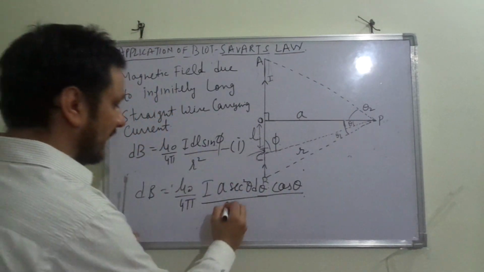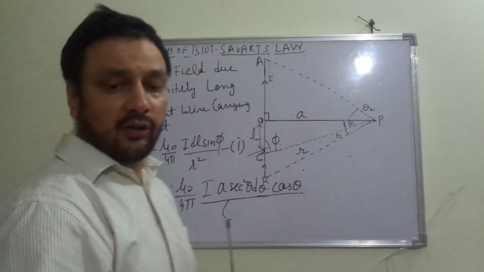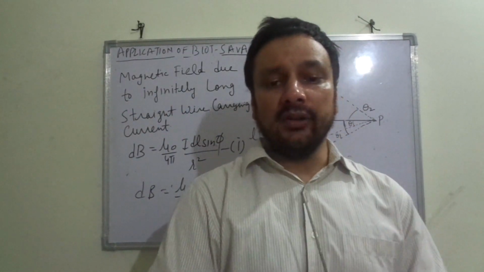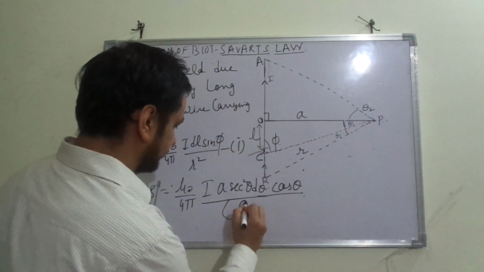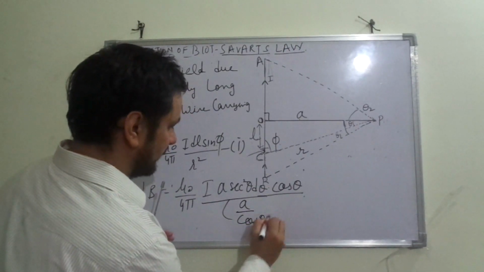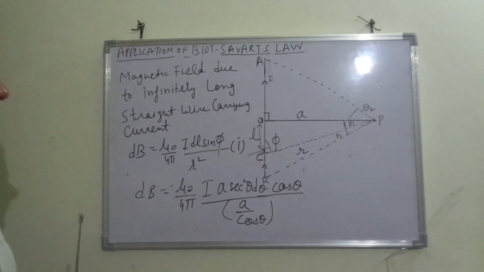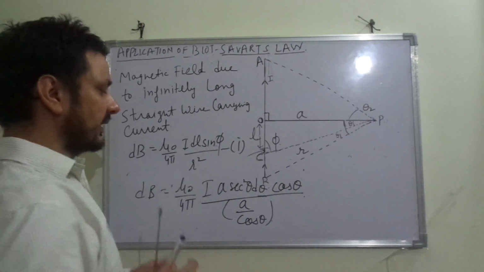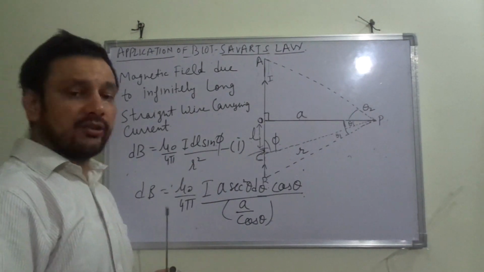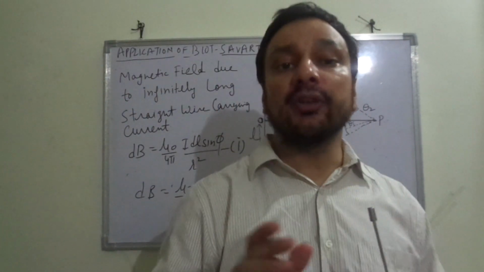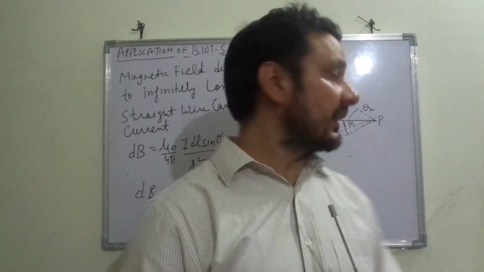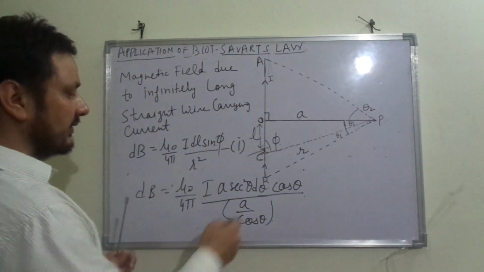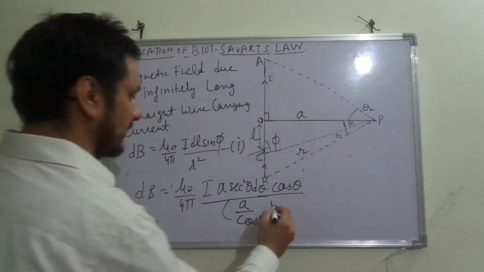And in place of R you will write A upon cos theta, because this is the value of R. We had A upon R equal to cos theta, so from there we find R is A upon cos theta.